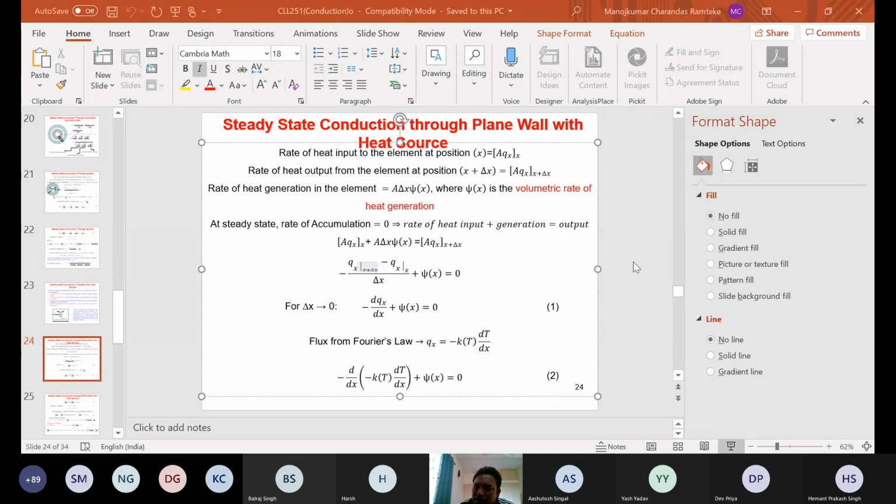Now in equation number 3 there are two constants, C1 and C2, which we can obtain by applying the boundary conditions. If we apply the first boundary condition, at x equals 0, T equals T1. So T1 equals, this entire term is going to become 0 because x is 0, and the second term also becomes 0.